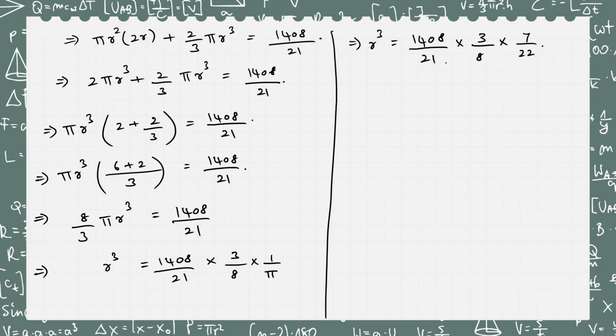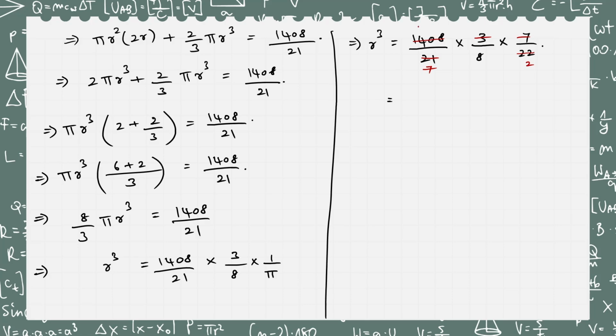Now we have to cancel whatever is possible. So 3 and 21 we can cancel 7 times, and this 7 and this 7 we can cancel. So these three numbers are done, and now let us continue with the rest of the items. Let's try cancelling with the 11 here. So 11 2 times is 22.